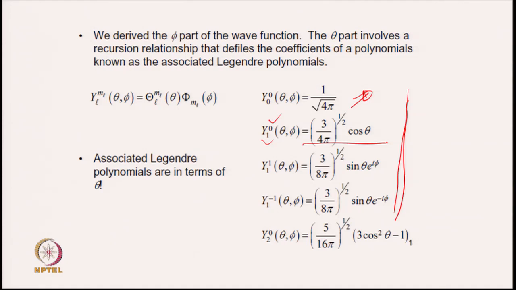So, in some situations this is independent of theta for a particular value of J and M, sometimes it is a function of theta, and sometimes it is a function of theta and phi.